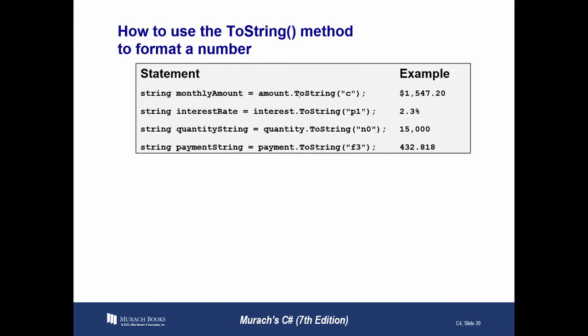And so here we can use this if we want to format the monthly amount. What we're saying is take the amount, convert it to a string here, and then put the C in quotations. What that C is going to do is give us the dollar sign. And then you see the P1 will give us the percentage. And this N0 converts this into a number, so when we look at the comma, that's what it puts in there.